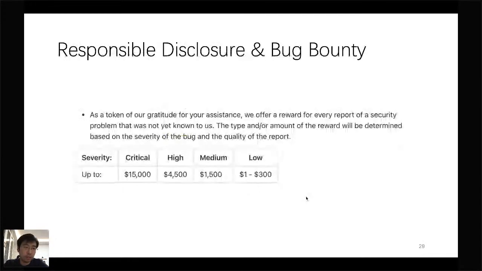Also, something that needs to be mentioned here is the responsible disclosure mechanism. Such a mechanism is widely adopted by the research community.